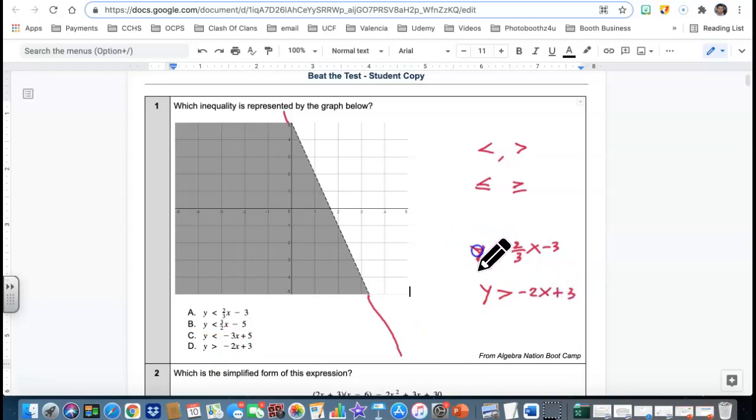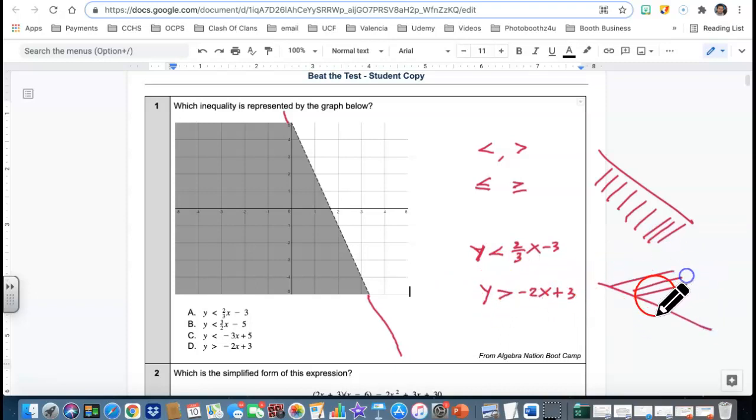So when I have y isolated, y is less than the rest of the equation, then let's pretend that this is the line, the graph is going to be below the line. When y is greater, the shade is going to be above my line. All right, so right now I see a y greater. Y greater should be above the line, so that's not an answer. The other 3 are less than.